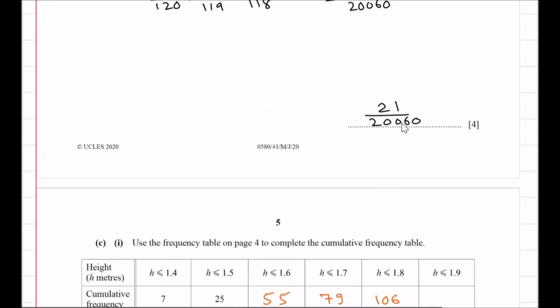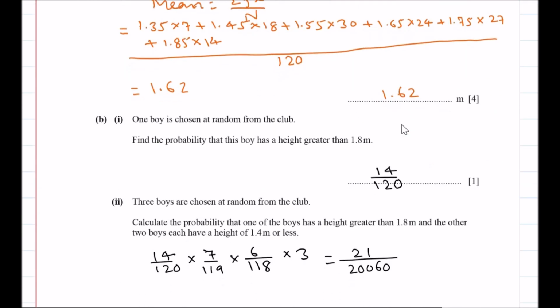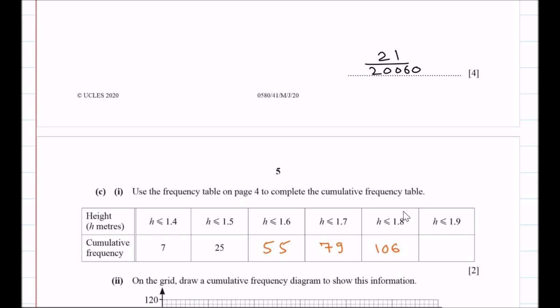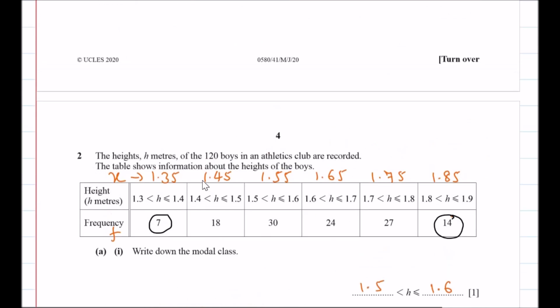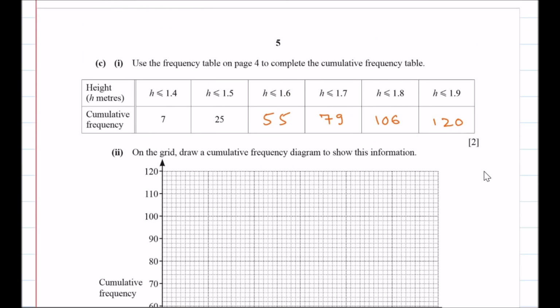And 106 plus 14 gives us 120. The last column answer should match the total of the frequency. Here the total is 120, 120 boys, and we got the last cumulative frequency as 120. That means we have done it correctly.